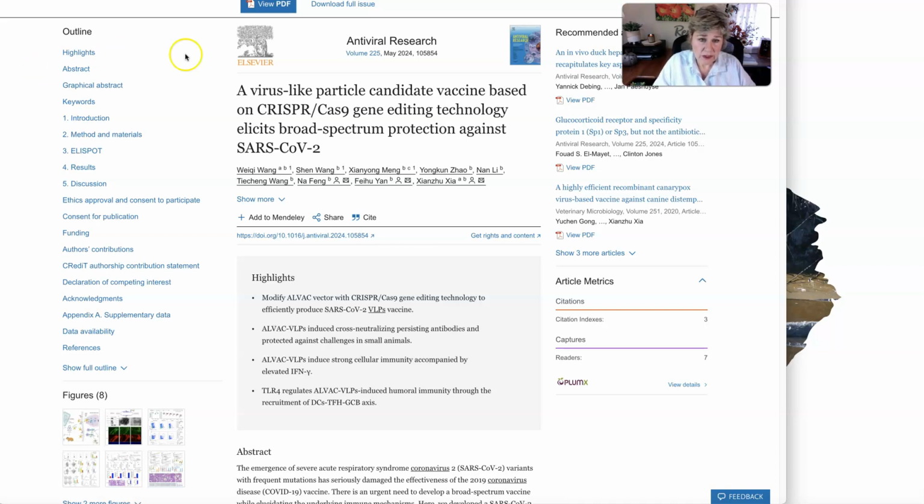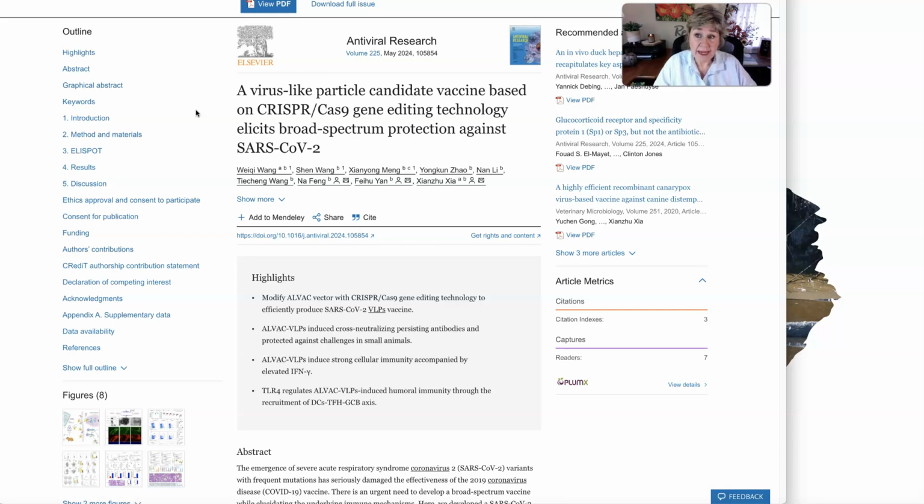What I want you to notice first of all is that there is a title, and the title has to be extremely descriptive for a scientific journal article. So what does this say? A virus-like particle candidate vaccine.